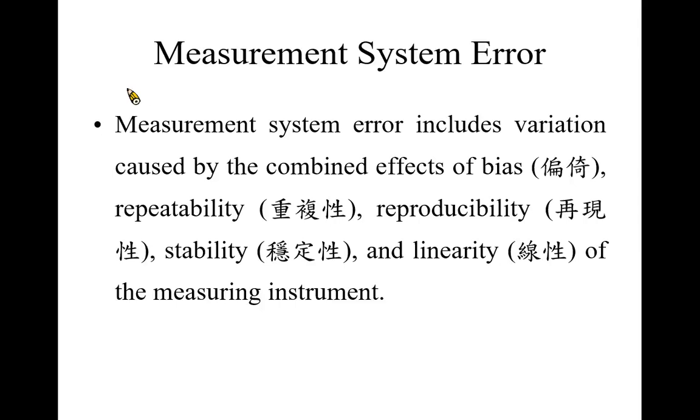Let me explain how many errors come from the measurement system. Measurement system errors can have variations caused by the combination of bias, repeatability, reproducibility, stability, and linearity.